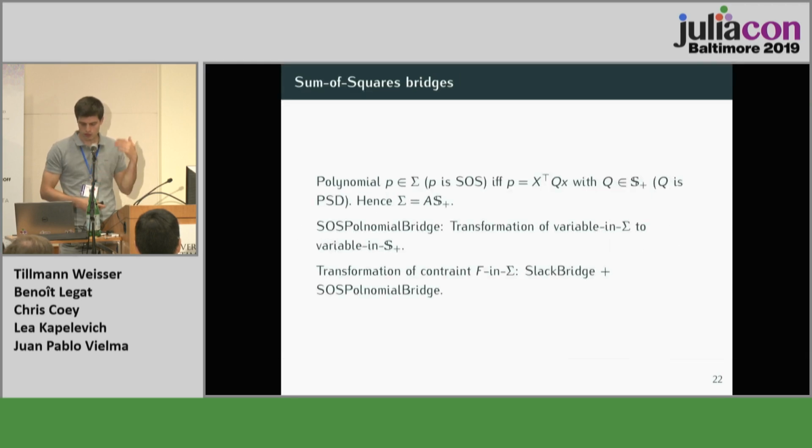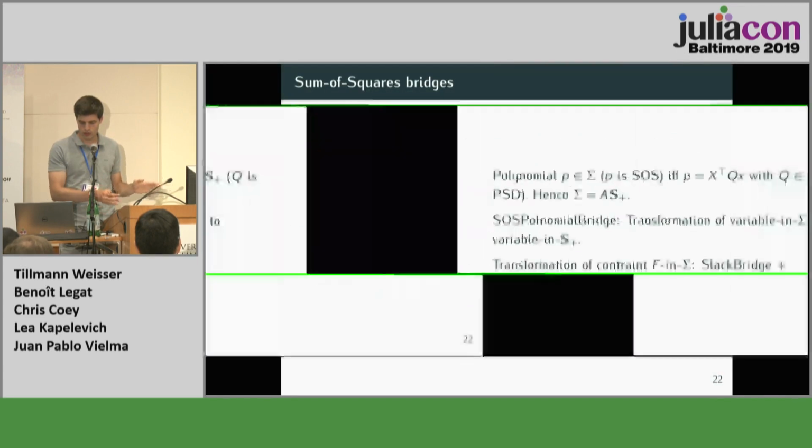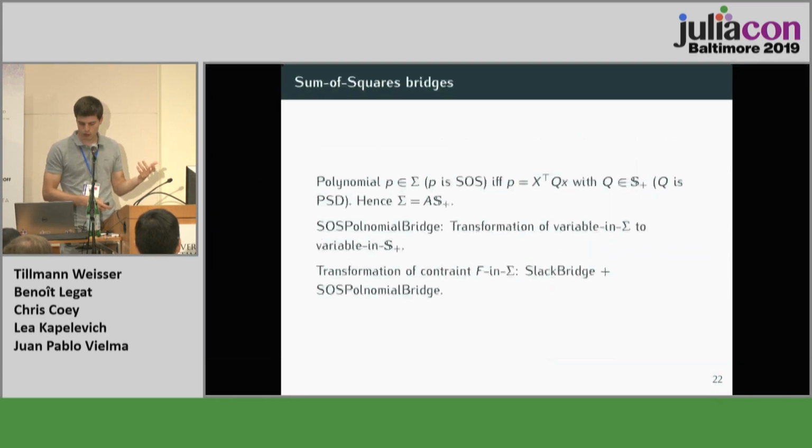And in fact, you can just define a variable bridge. If the user says, I want to create a sum of squares polynomial variable, instead you create a PSD variable, and then you say the coefficients of the polynomial that the user has are in fact equal to A times the entries of the matrix.